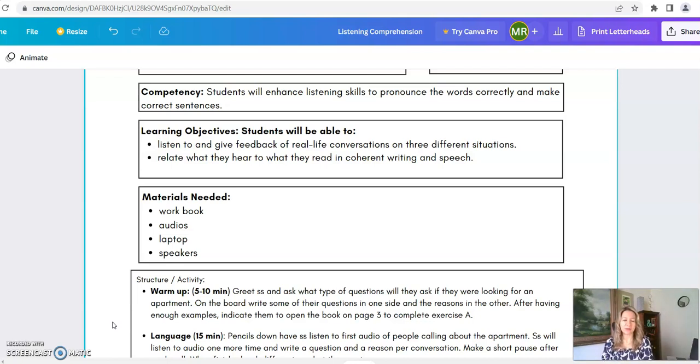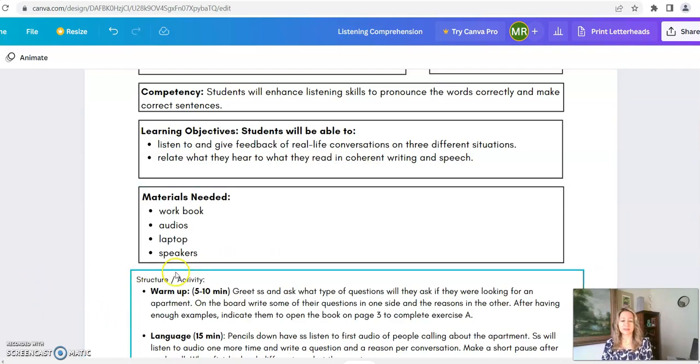Well, they will listen to 3 audios which contain 3 different situations, and from there, they will give feedback in some reading and some writing, and of course, some speaking.